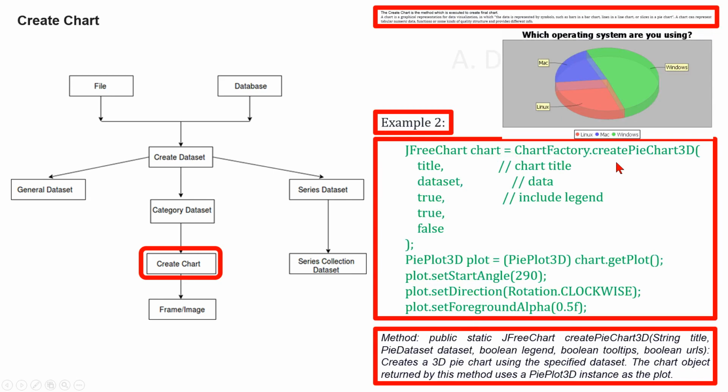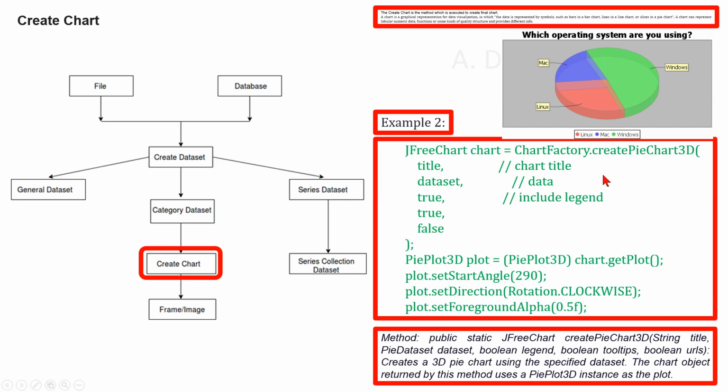Here the method public static JFreeChart createPieChart3D, string title, PieDataset, boolean legend, boolean tooltips, and boolean URLs.